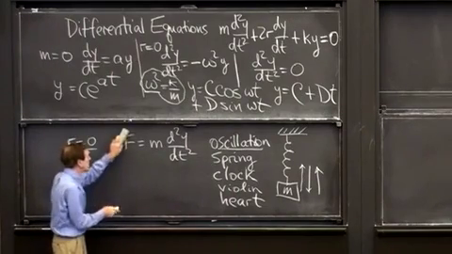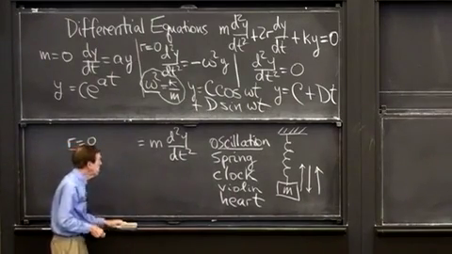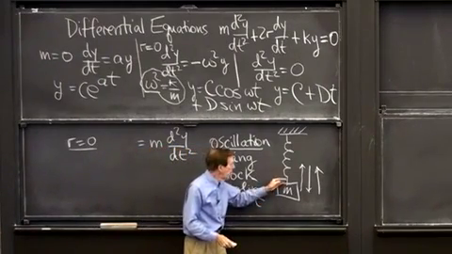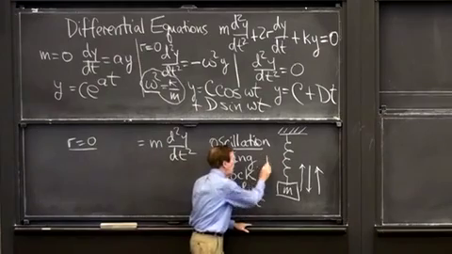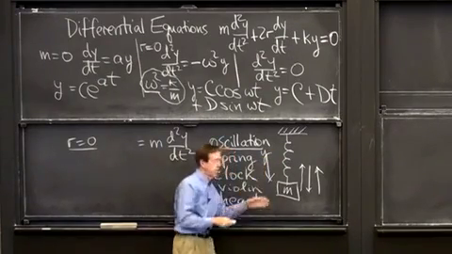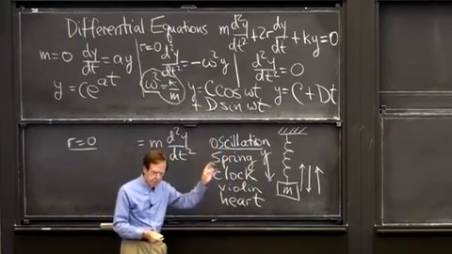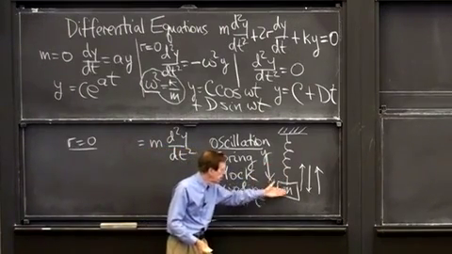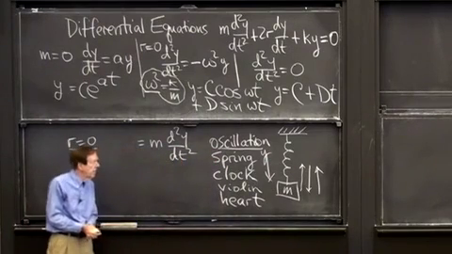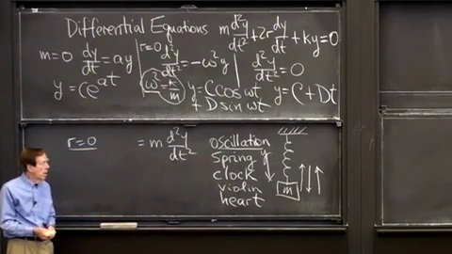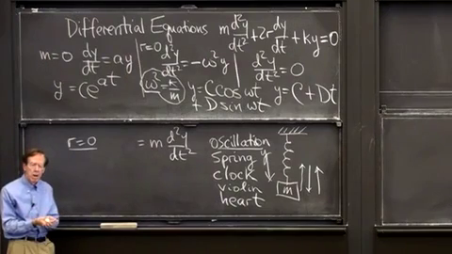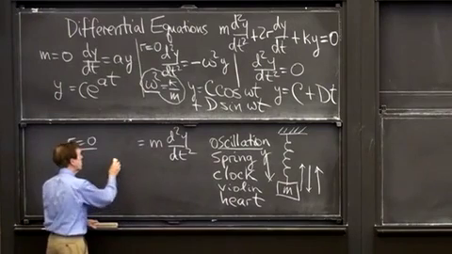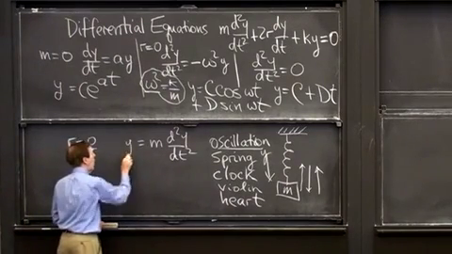And then what's the force? Well, for this spring force, what did we say? So y is going this way, it's the position, the displacement of the spring. When it's down like that, when y is positive, the spring is pulling back. The force from the spring is proportional to y.